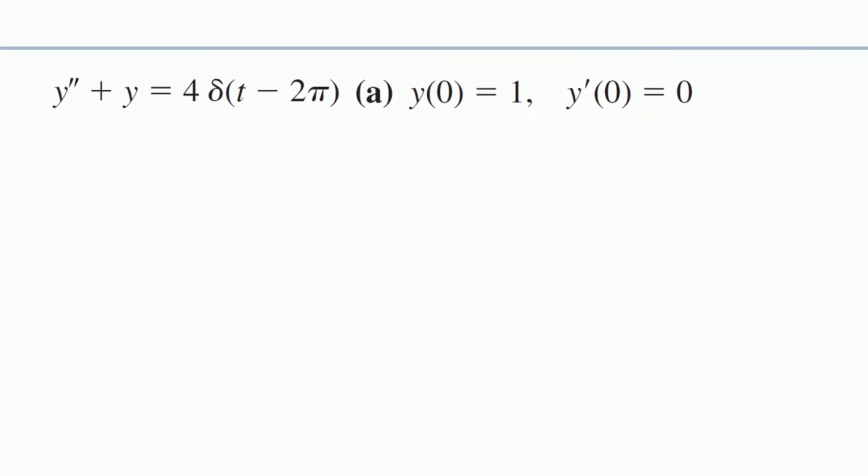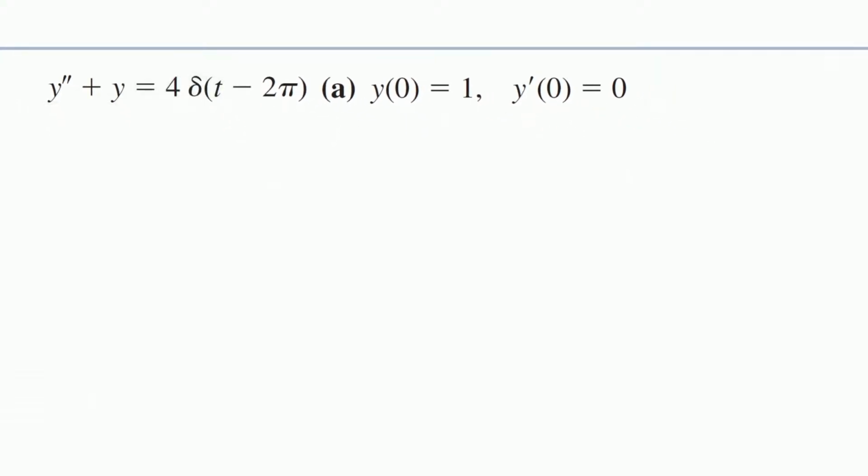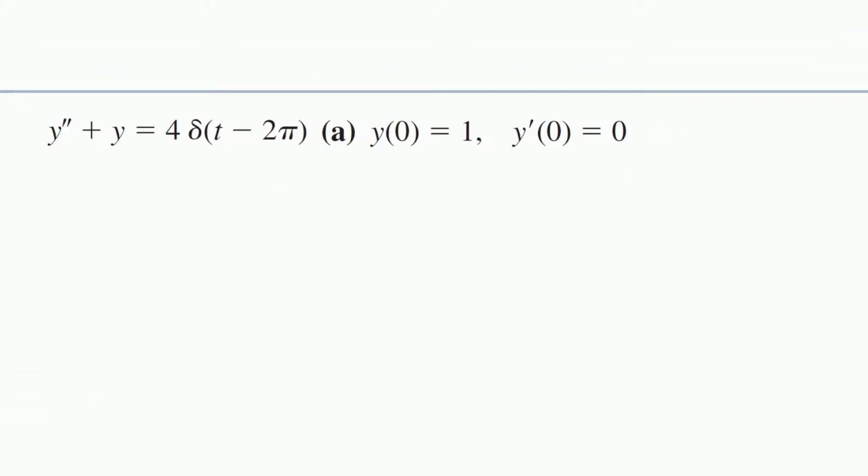So let me do the left side relatively quickly. I'll talk through it though, just to make sure that you see what I'm doing. As always, capital Y of s is the Laplace transform of little y of t, just so that we have that squared away.